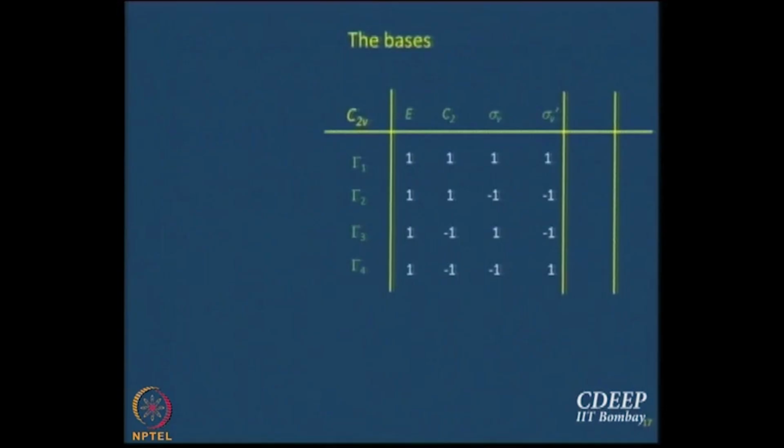Sigma v, what is sigma v? Zx, character is 1. What is sigma v dashed? Yz, character is 1. Alright, 1, 1, 1, 1. So that is where z belongs, to gamma 1. Z is totally symmetric with respect to all the symmetry operations of C2v.